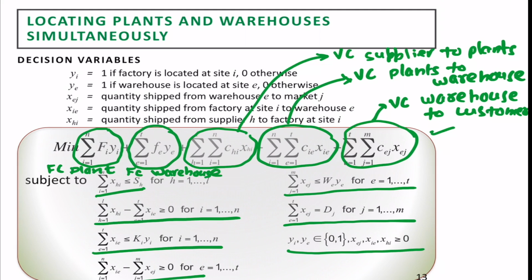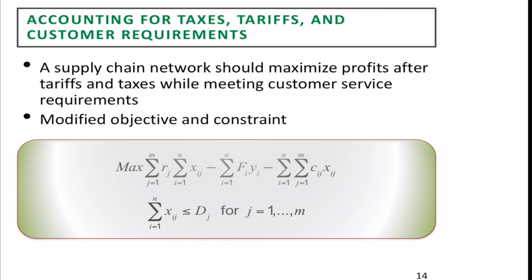And this last one says that the factory or the plant or the warehouse is either open or closed. We can always add more and more constraints and make the model very complex, but it also becomes very difficult to solve such models.